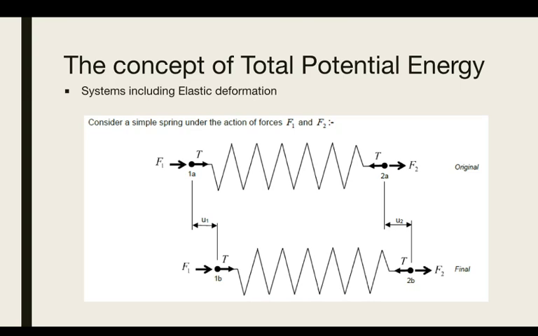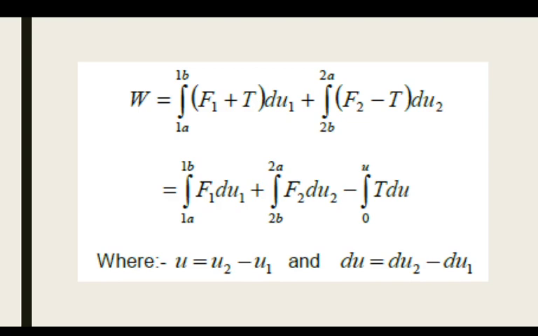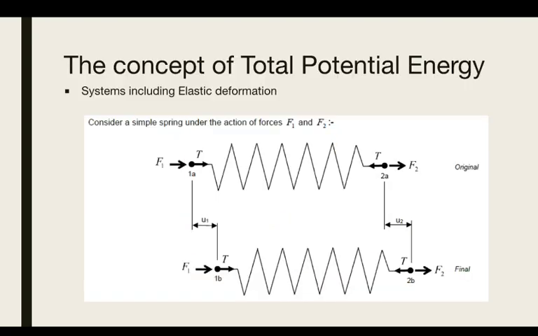F1 and T are both in the same direction, so the force vectors add, giving F1 plus T. But at 2A and 2B, the T component is on the opposite side of F2.